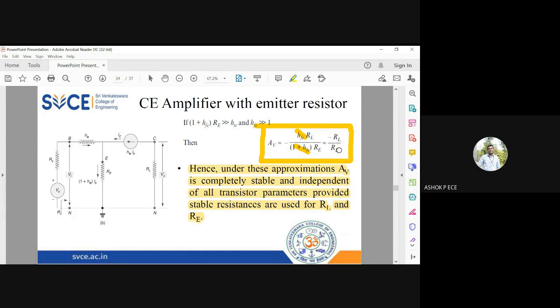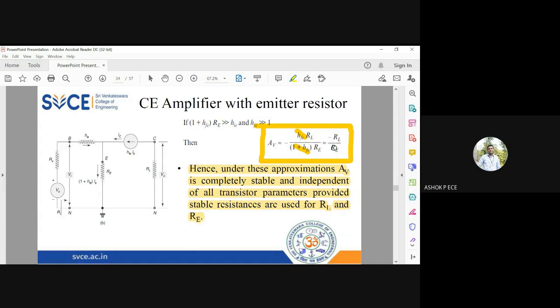In this type of bias, the voltage gain depends on RL and RE. RL is the resistance at the collector side of your transistor, and RE is the resistance at the emitter side, and we have added this RE just to ensure the stability of my transistor.